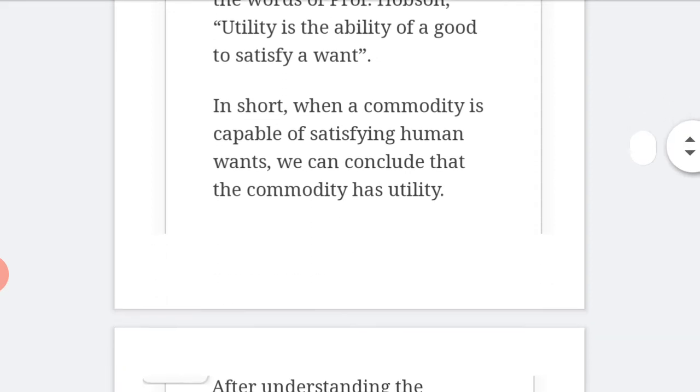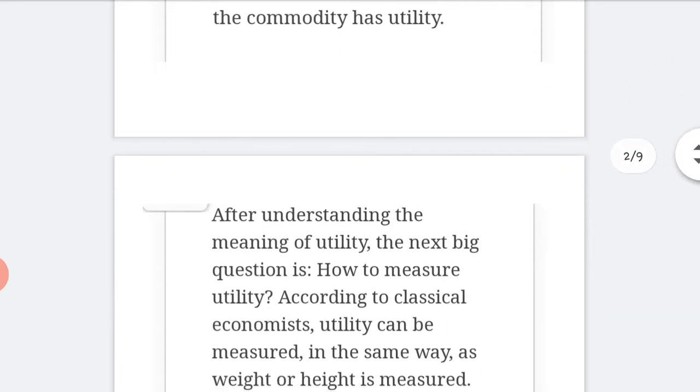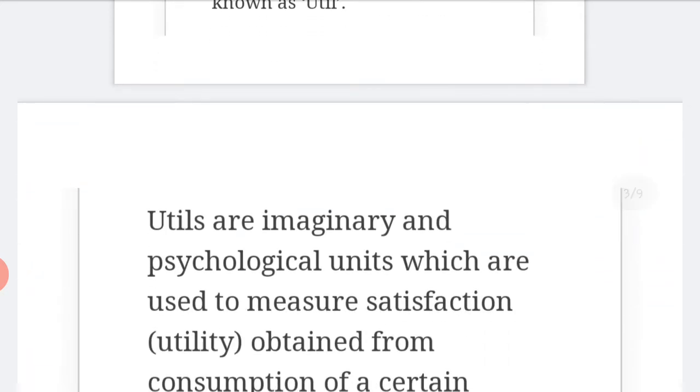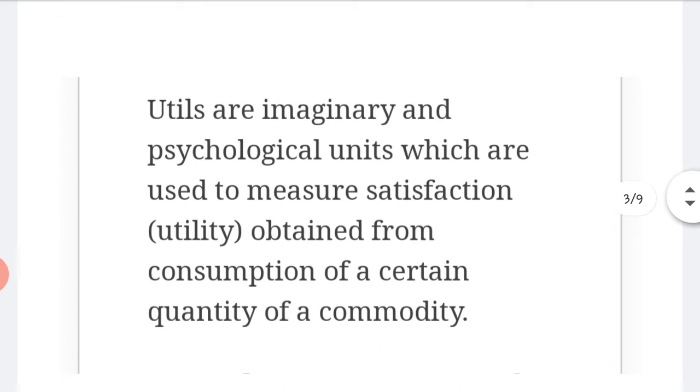And utility is expressed in terms of utils. So what do you mean by utils? Utils are imaginary and psychological units which are used to measure the satisfaction which we get from the consumption of that particular commodity. The two concepts are given here.